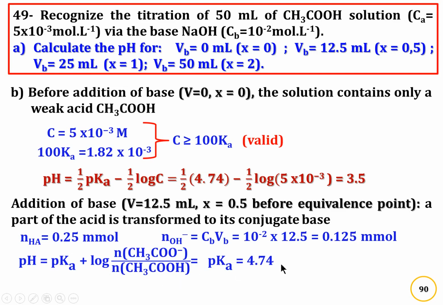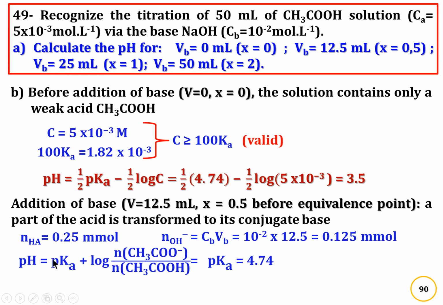So we will have HA plus A minus, and therefore we can apply the Henderson formula, pH equal pKa plus log concentration of the base at equilibrium divided by the concentration of the acid at equilibrium, or pH equal pKa plus log number of moles of acetate divided by the number of moles of acetic acid at equilibrium, since V total is constant. And the 0.125 will transform half of HA, so we will have formation of acetate equal to acetic acid in the solution.